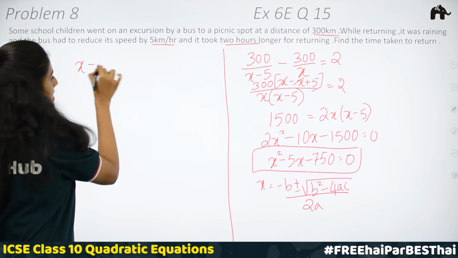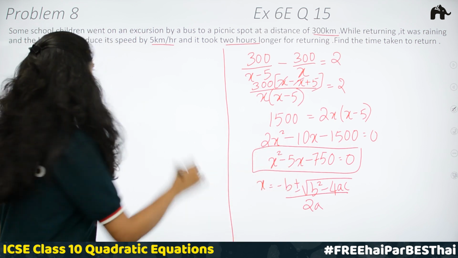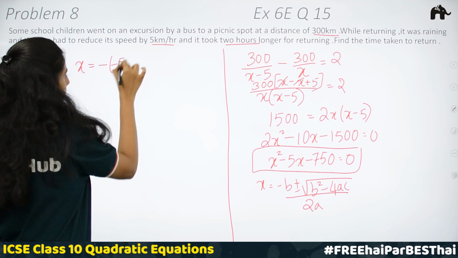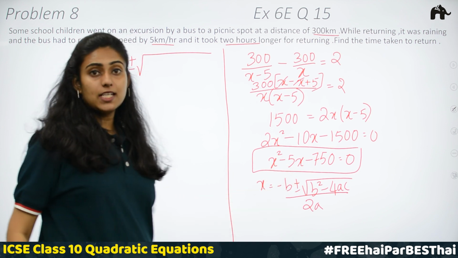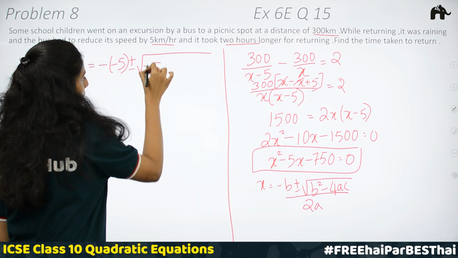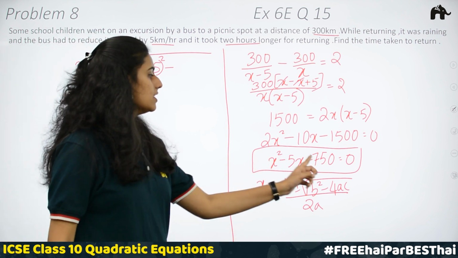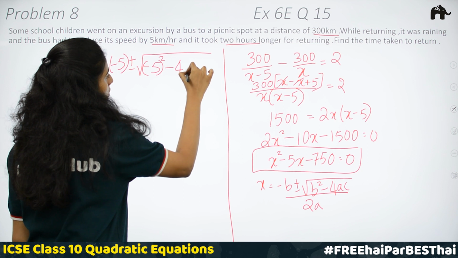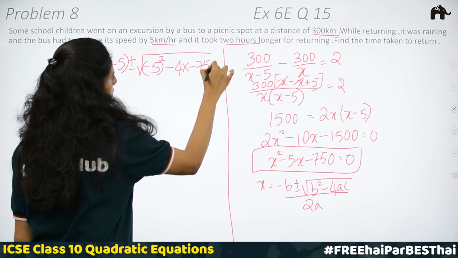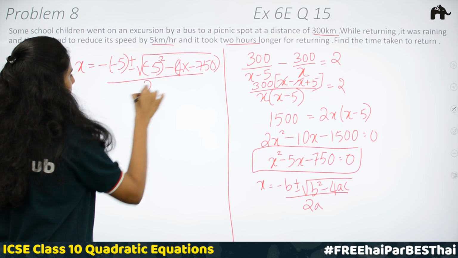Substituting values, x is equal to minus b. Here, b is equal to minus 5, which means minus of minus 5, plus or minus root of minus 5 whole square minus 4ac. a is equal to 1, c is equal to minus 750, so 4 into minus 750, divided by 2a, 2 into 1, that is 2.